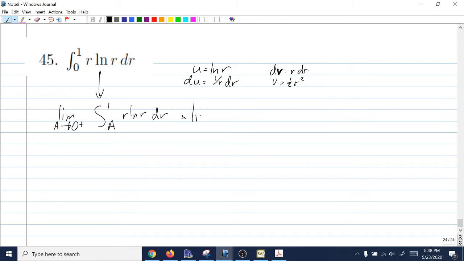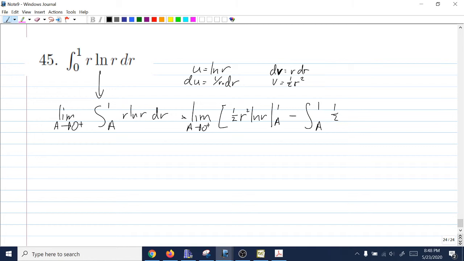This is going to be the limit as a approaches 0 from the right of uv becomes half r squared ln r evaluated from 1 to a minus the integral from a to 1 of v du is half r squared times 1 over r.